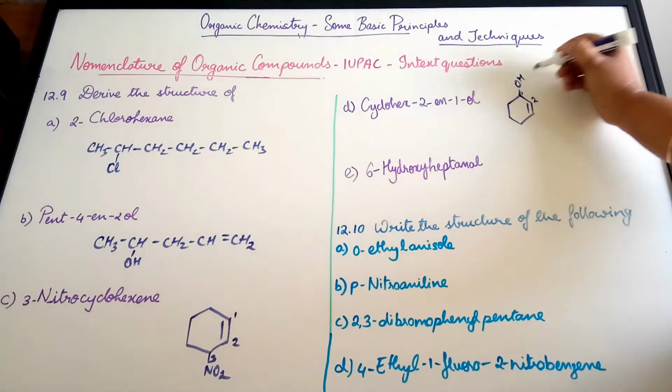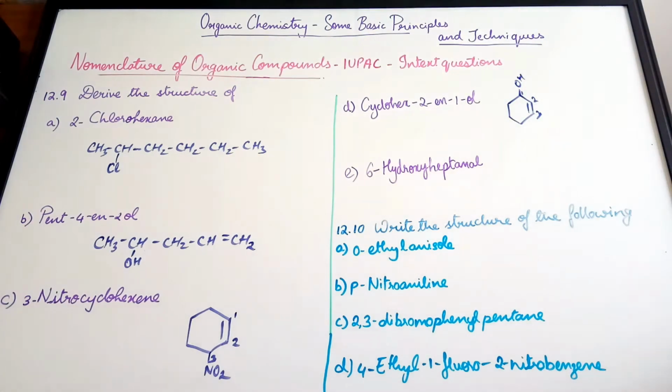It is the first carbon, first, second and third. So here we could either first write the alcohol group and then fill in the double bond, or the other way around. We need to make sure that the alcohol is at the first position while the double bond is at the second carbon.